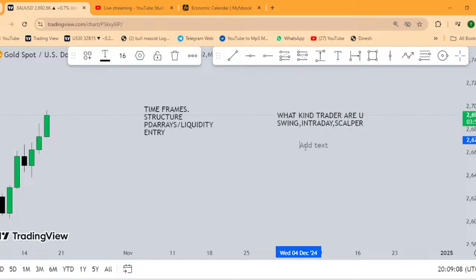Swing trading, with swing trading you're going to be looking at these particular time frames. If you're a swing trader, these are very key items you also have to look at, even if we are to go into other intricacies.